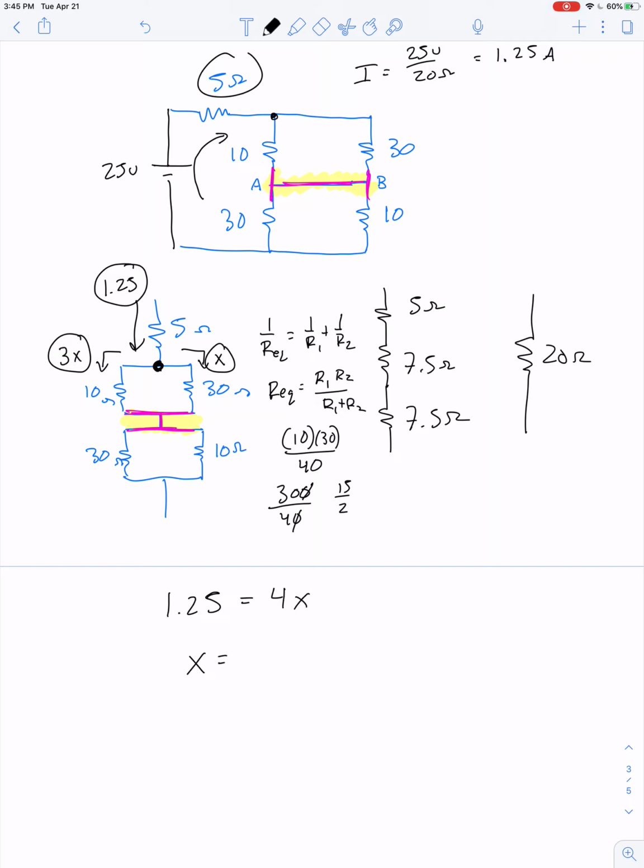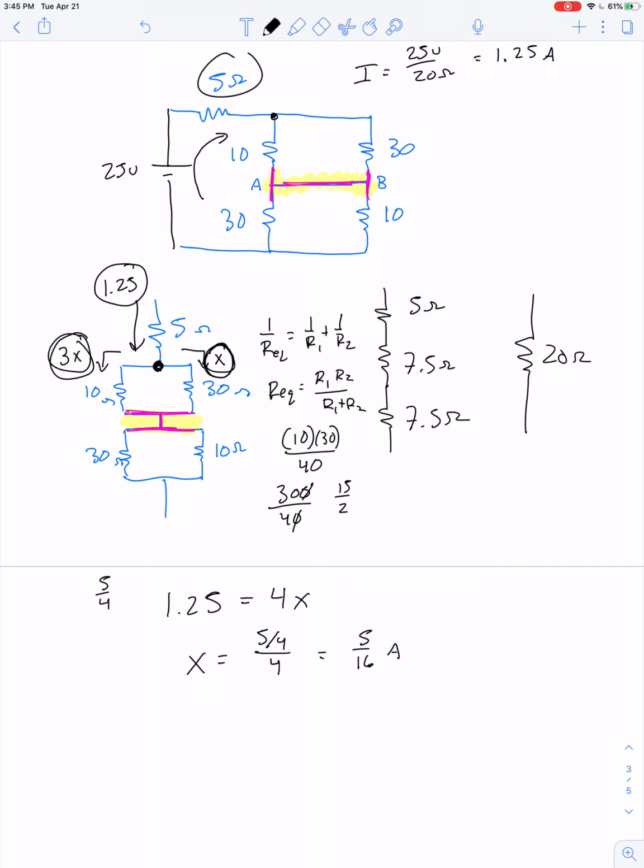Could we call that 5/4? So x is equal to 5/4 divided by 4, or in other words, 5/16 of an amp.